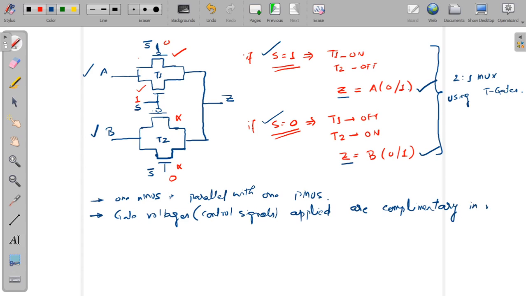Complementary in nature, it means that if you apply a 0 at the NMOS gate, then you should apply a 1 at the PMOS gate, and vice versa.